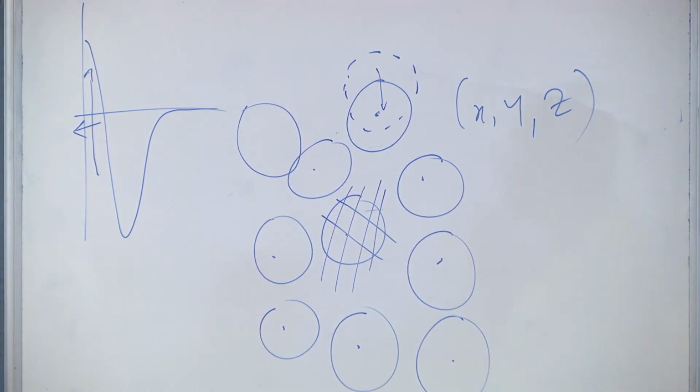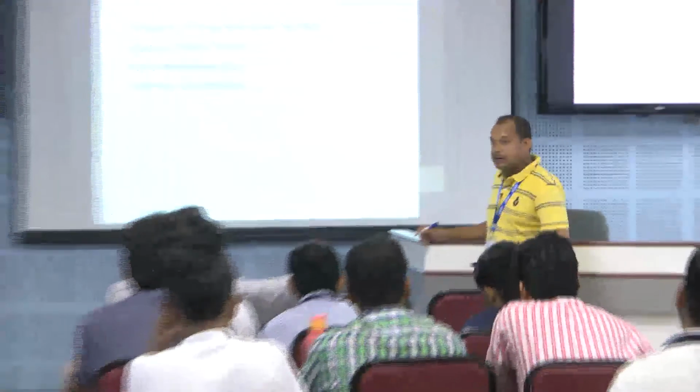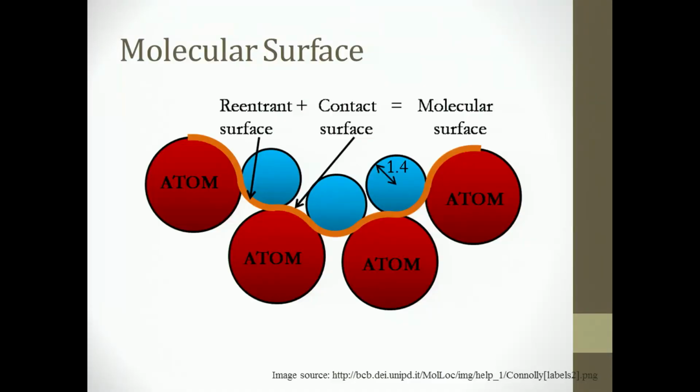There is a lot of work on that one. People have worked on the solvent contact surface, reentrant surface, critical points, grid representation and internal coordinates. Let us try to look at that. So, these are the atoms.